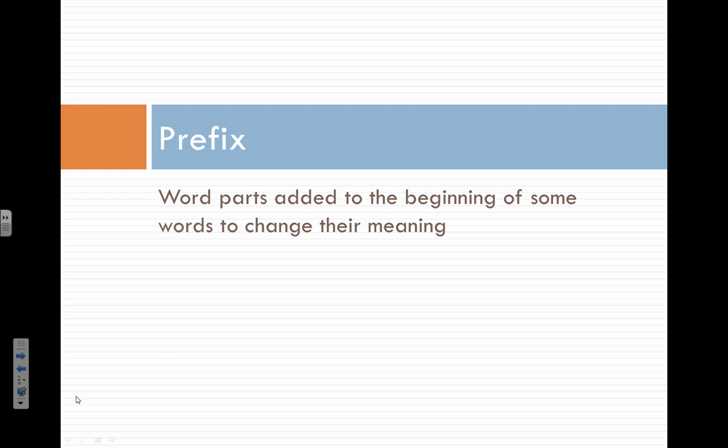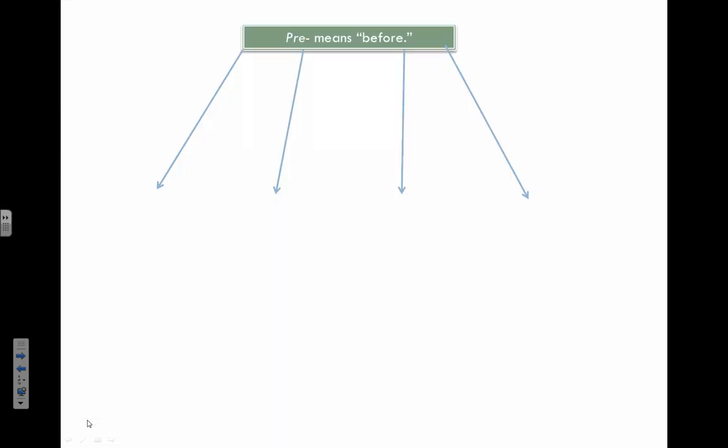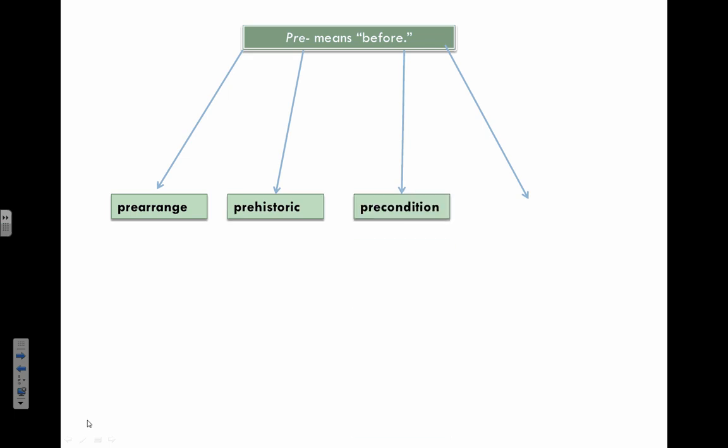A prefix is when you have word parts added to the beginning of some words to change their meaning. The word prefix has a prefix in it, pre, which means to fix before. So let's look at some examples. Prearrange, to arrange before. Prehistoric, before history.